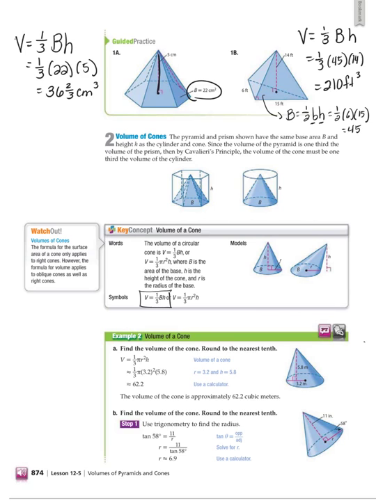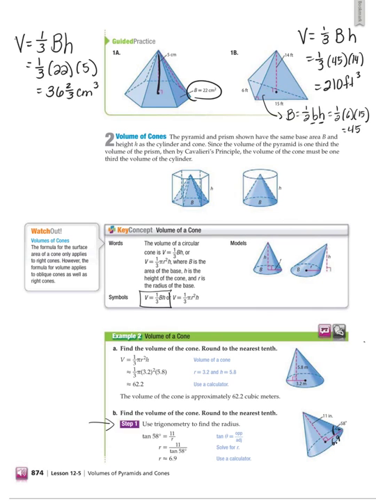If you look down here at 2b, we're going to be using some trigonometric rules to help us find what's going on here. As I look, I've got a 58-degree angle. So I'm going to use the tangent function. Tangent is opposite over adjacent. And I'm going to find that my radius is about 6.9 using trigonometry.